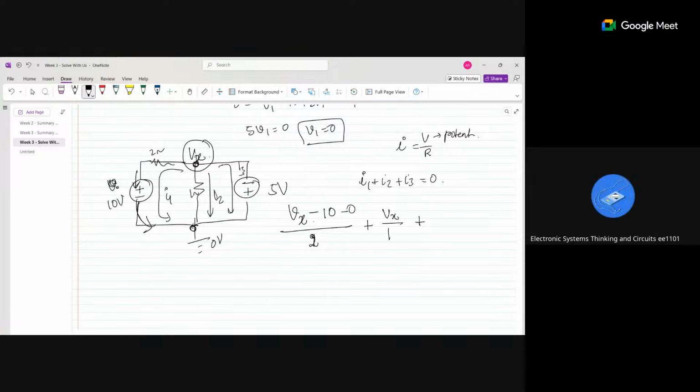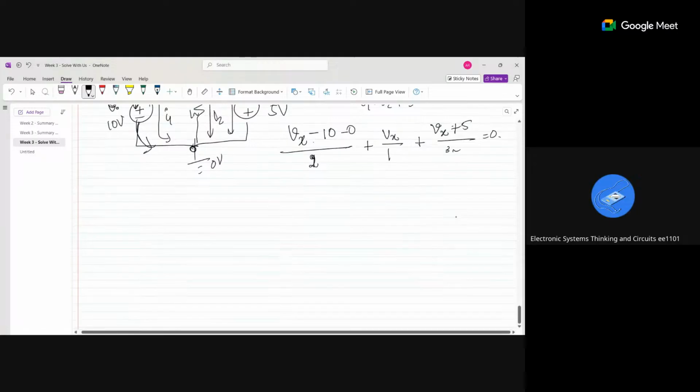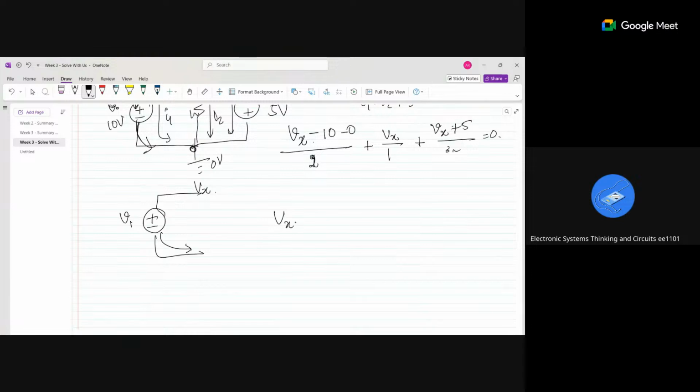For I3, you try the equation for I3. Is it minus 5 or plus 5? Plus 5. Yeah, it's plus 5, equal to 0. So in short, if the current is entering, if it is Vx, then it will be Vx minus V1.